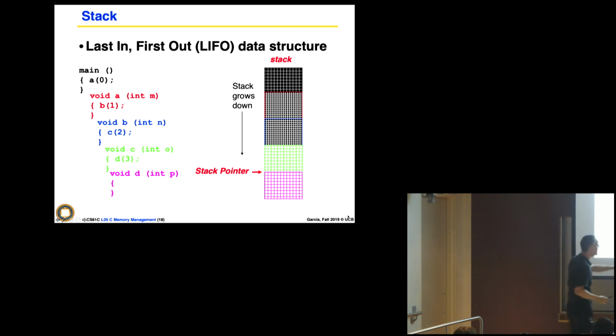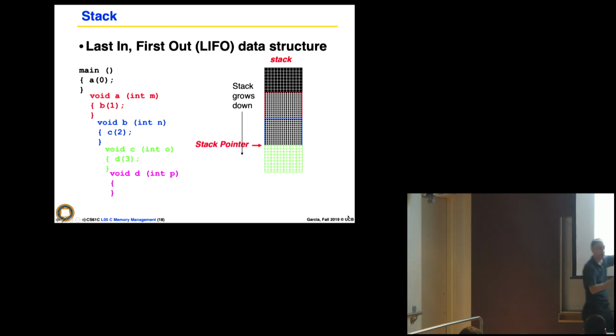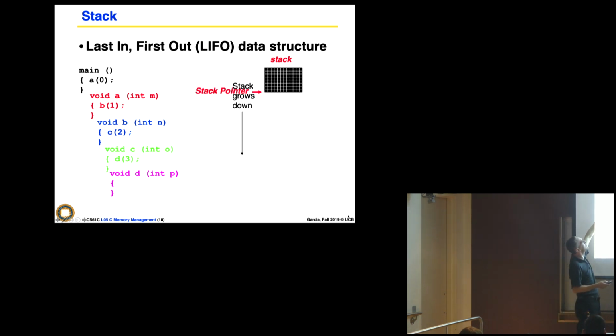Whatever data was here is still there. Okay, let's go back. Then D returns. This line here returns. Now I'm here. Now C returns. Bloop. Now that just goes up. The stack pointer just goes back where it was before. Okay, it comes back. B returns. A returns, and now I'm back in main doing what I've got to do. More stuff to do? No, I'm all done. I flush the whole thing and I'm done.